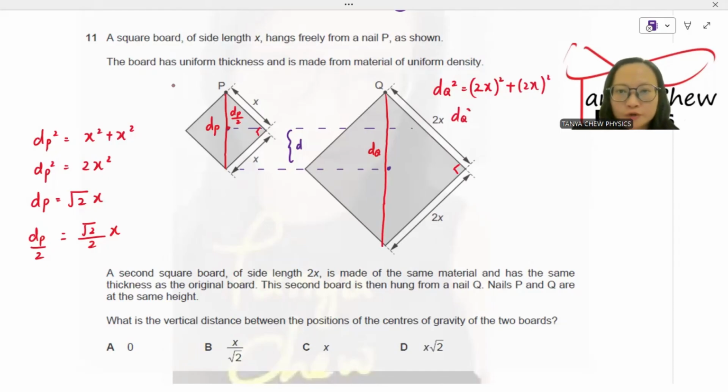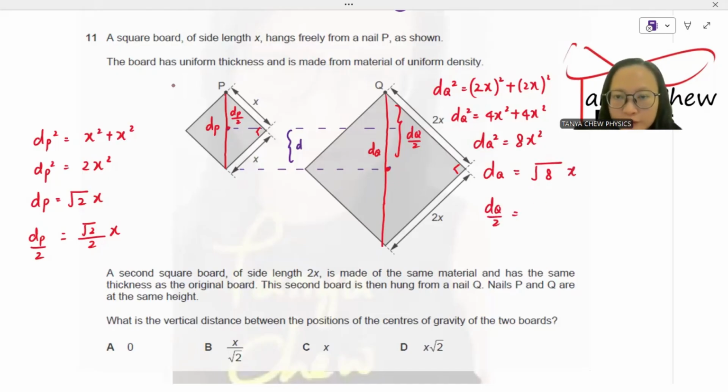So dq square is equal to 4x square plus 4x square. dq square is equal to 8x square. But I want only dq over 2. So, dq first. dq is square root of 8 times x. So I want dq over 2, so it is square root of 8 divided by 2, times x.